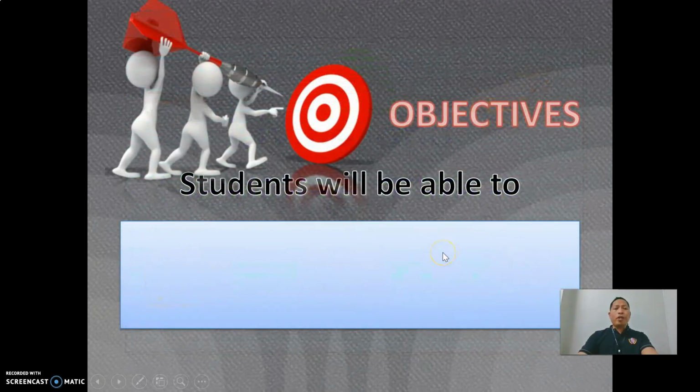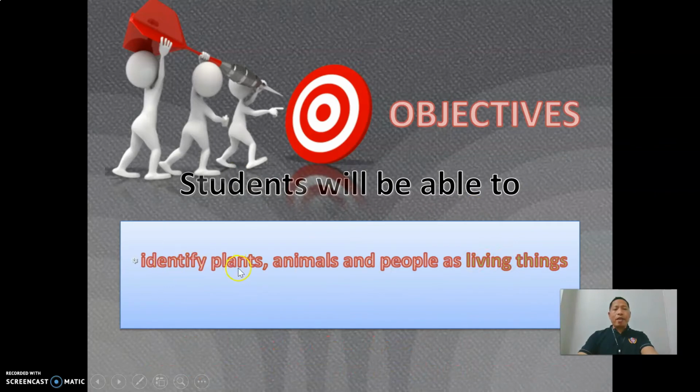Now, before we move to our topic, we have our own objectives. We're gonna learn two things. Our objectives are: you will be able to identify plants, animals, and people as living things.